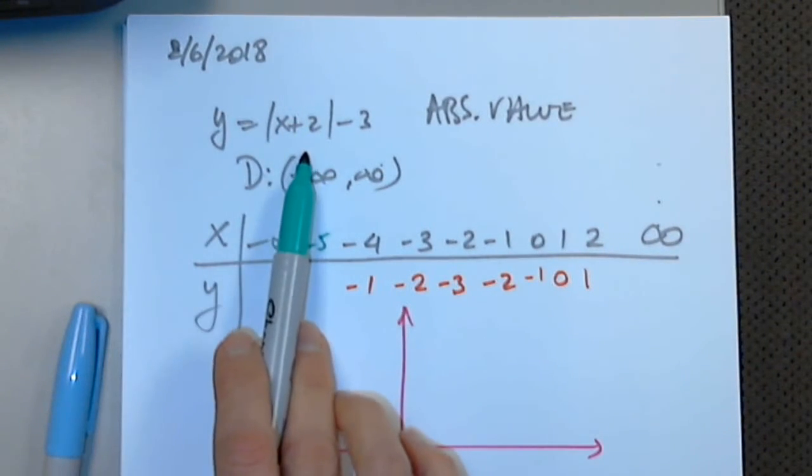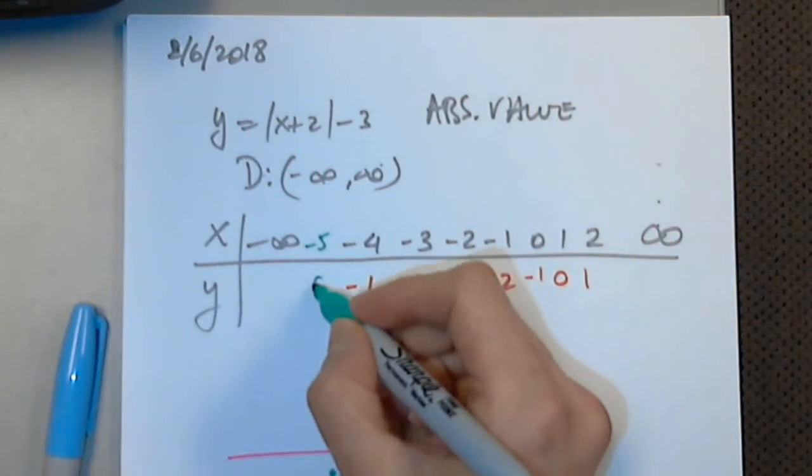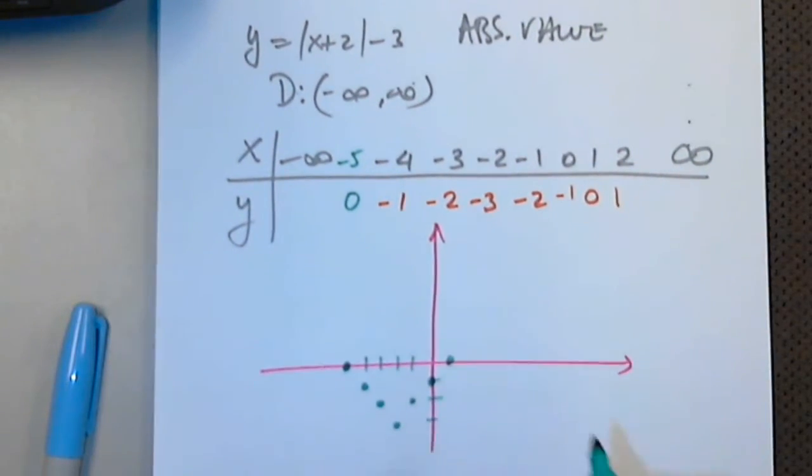The absolute value of -3 is 3. 3 minus 3 is 0, and that's what I wanted. So this is the graph.